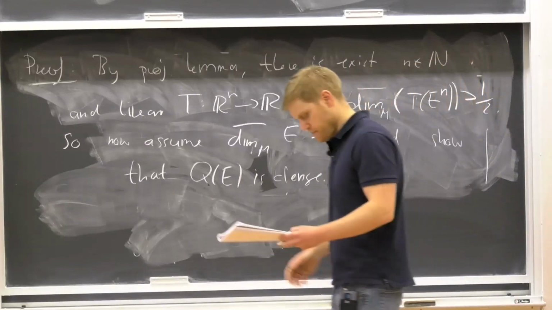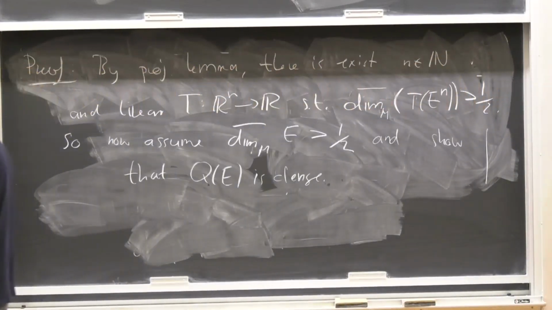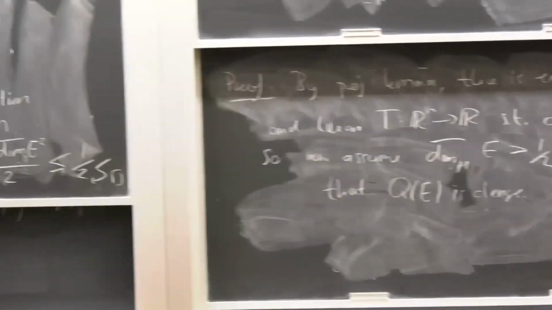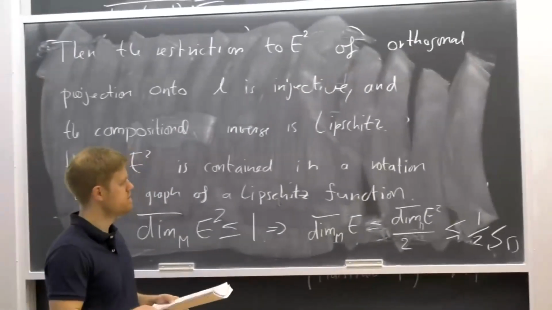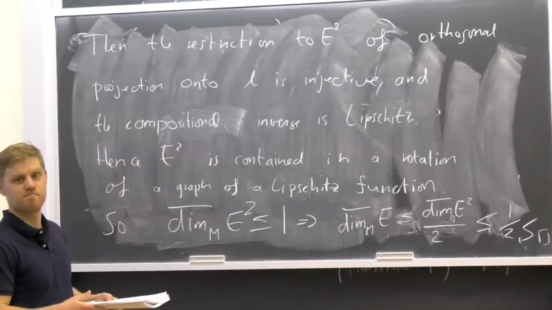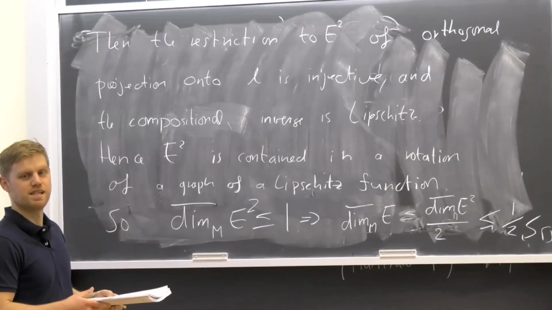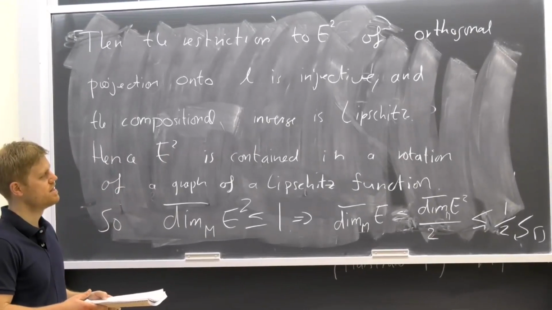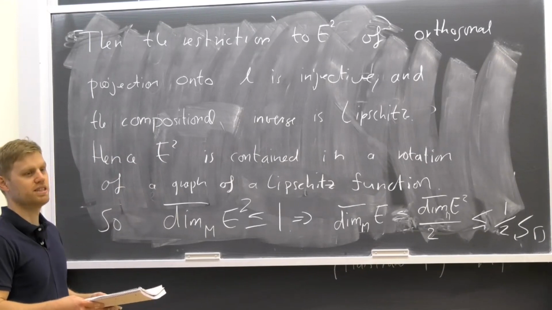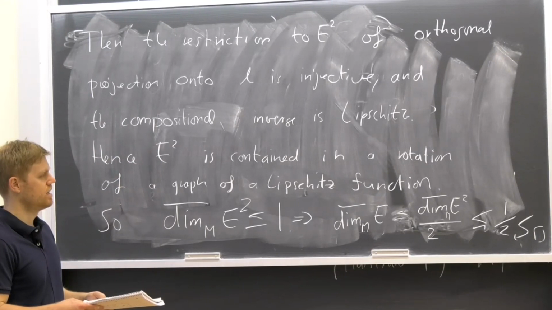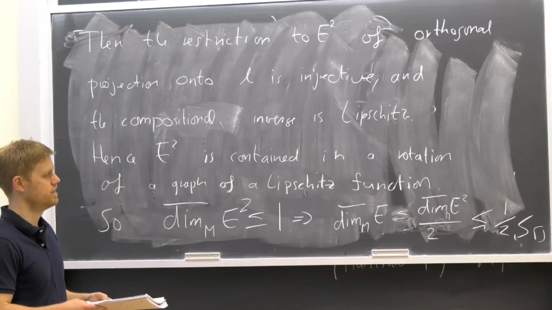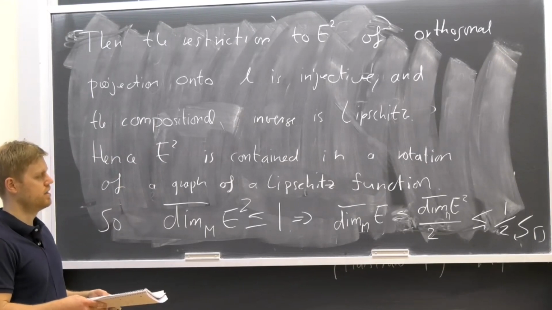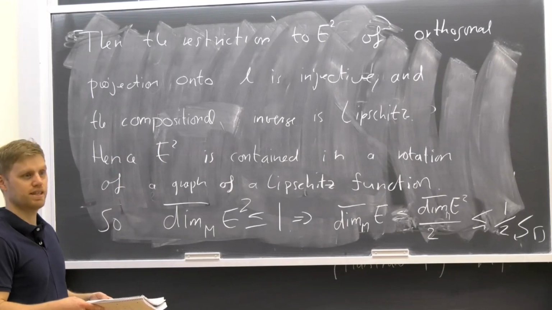Okay, this argument does use this path. But one can still ask the question whether the Minkowski dimension of E being bigger than 0 would also give you that QE is dense. Not one that I can produce right now.